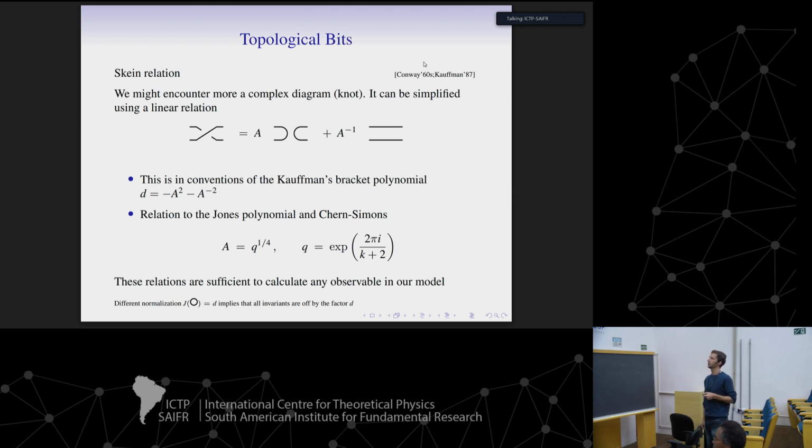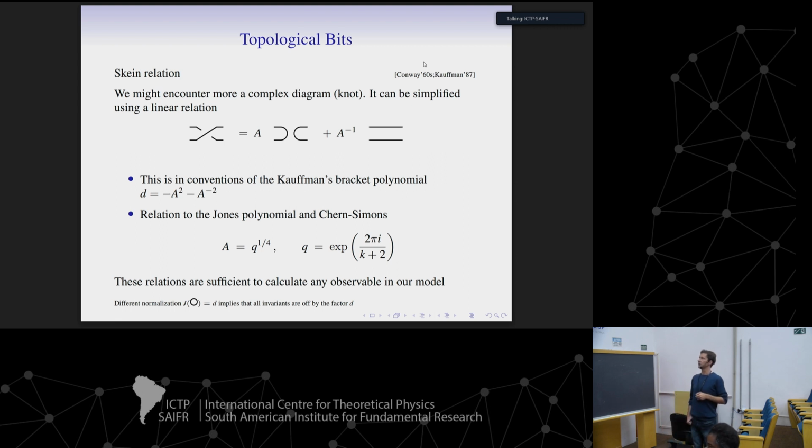In this notation, the parameter d that appeared in the previous slide is a squared minus 1 over a squared. And if you want the connection to Chern-Simons, there's another standard variable used, q, and q has this relation to the coupling constant k. So now you know everything about how to calculate any correlation function in this Chern-Simons theory.